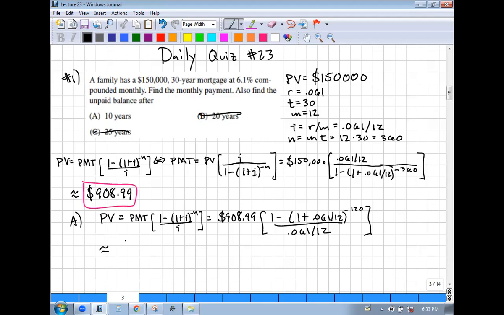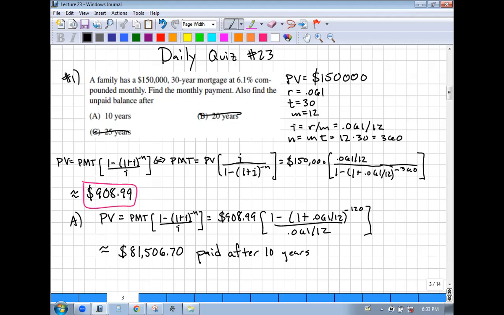Let's see if I plug this into the calculator correctly, I'm getting $81,506.70. Is that what y'all got? So this is how much we paid after 10 years. So that's how much we paid in.